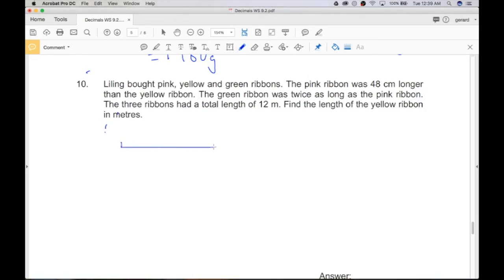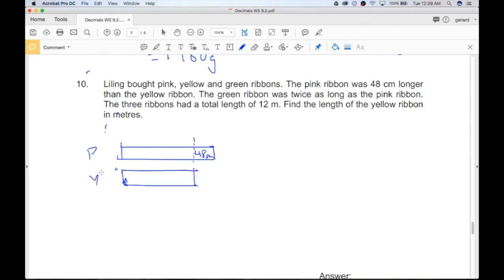This is the pink P. The pink ribbon is 48 cm longer than the yellow ribbon. So the yellow ribbon will be something like this, and you know that this difference is actually 48 cm.